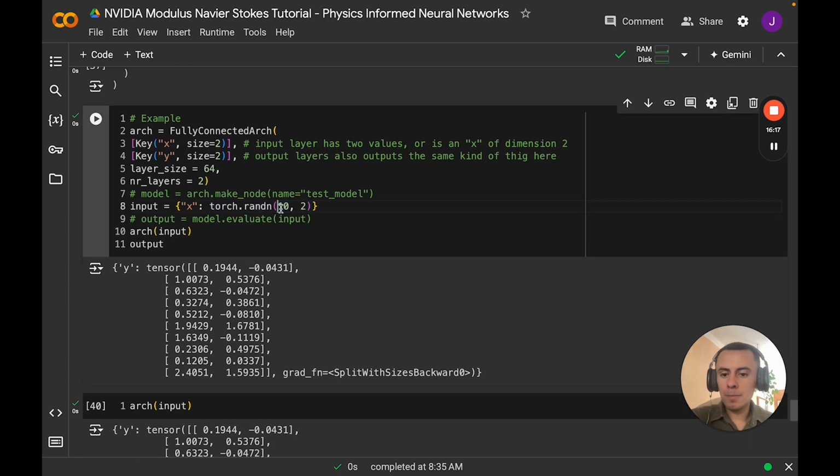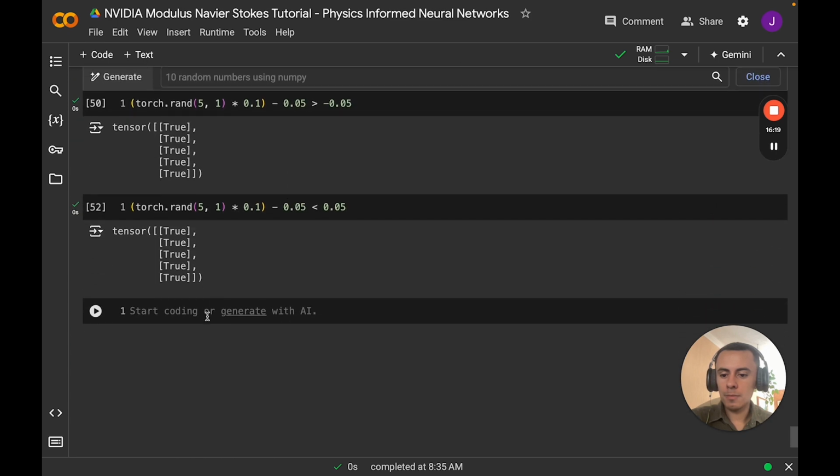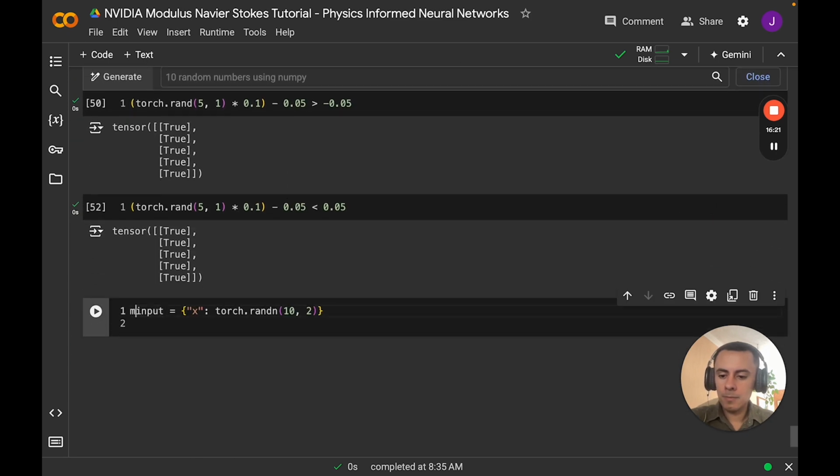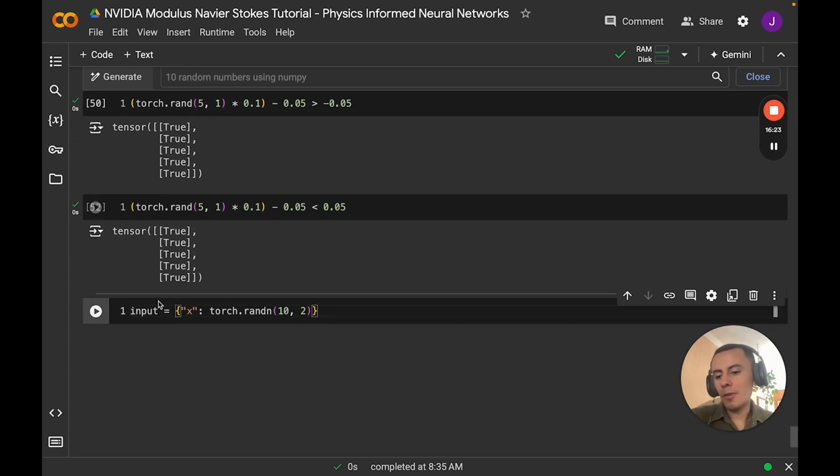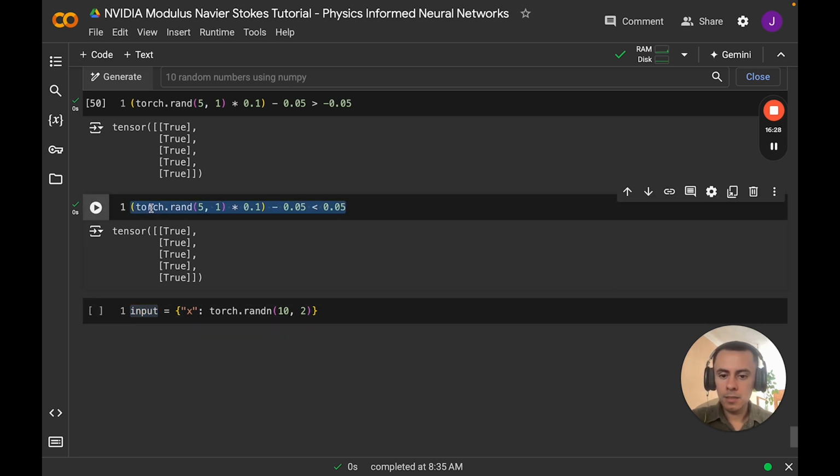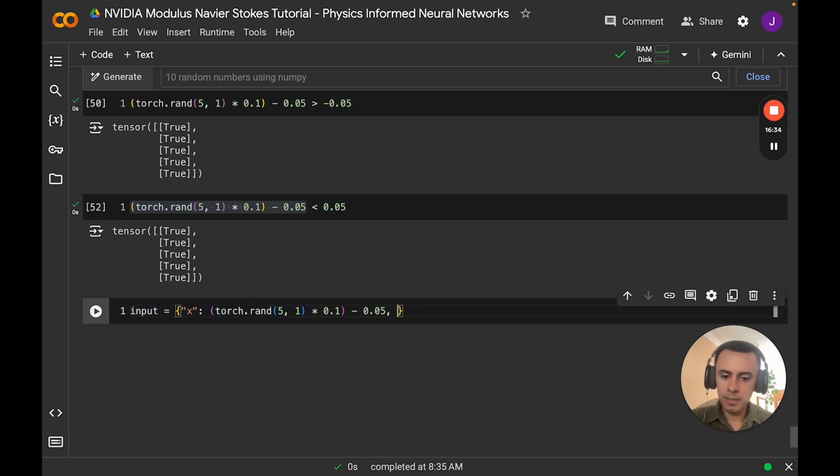So our input basically is going to be, I'm going to overwrite this variable. And by doing it this way, I can get inputs between what I want, right?